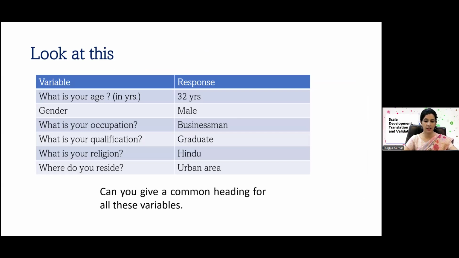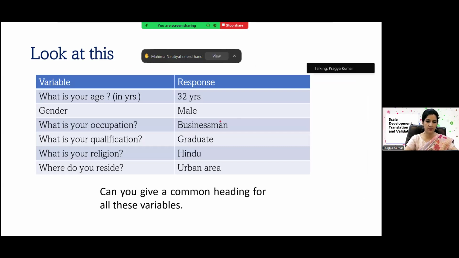Towards the left side, these are the variables: what is your age, what is your gender, occupation, classification, religion, and residence. And the responses you can see. So can you give a common heading for all these variables?